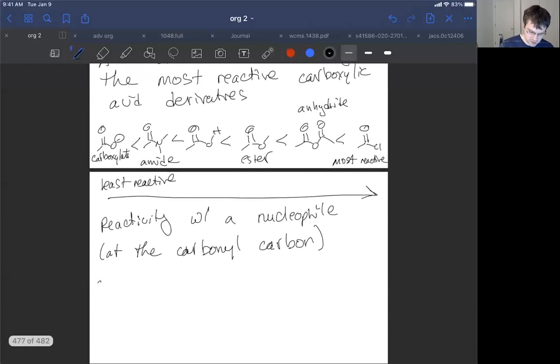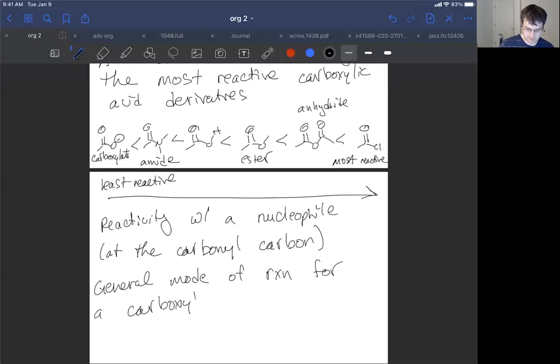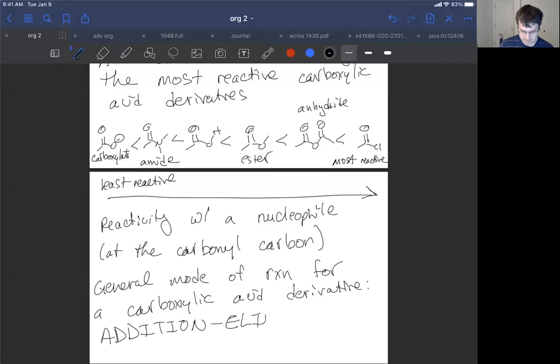So the general mode of reaction for a carboxylic acid derivative, okay, and really carboxylic acids too, but usually you protonate the carboxylic acid before you get them involved. But the general mode of reaction is called addition elimination.